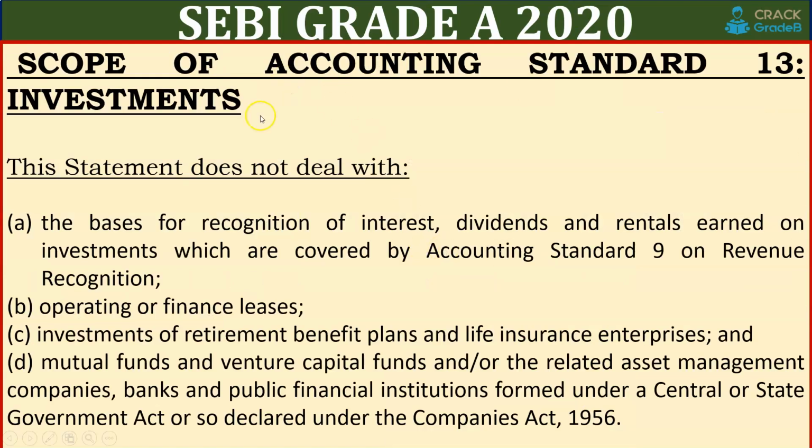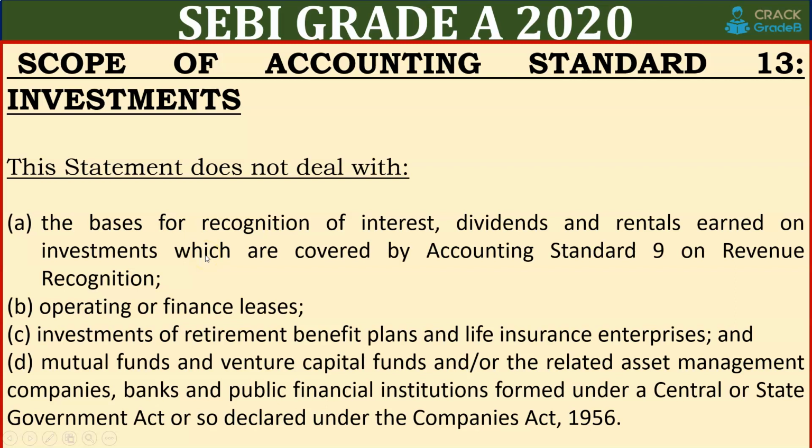Okay, now we have the scope of the accounting standard. Usually in scope we see the statement will not deal with these kinds of things. Everything else will be covered except for these. So the first one is the basis for recognition of interest, dividends and rentals earned on investments, which are covered by accounting standard 9 on revenue recognition.